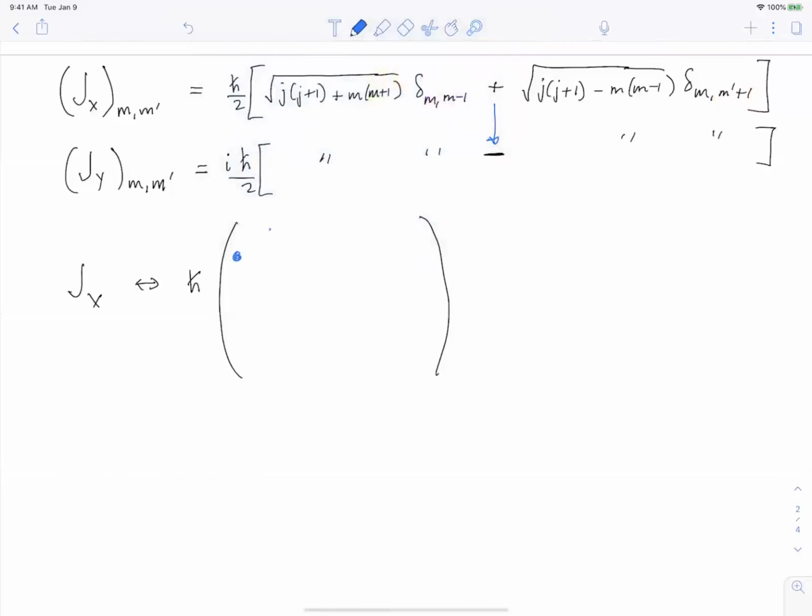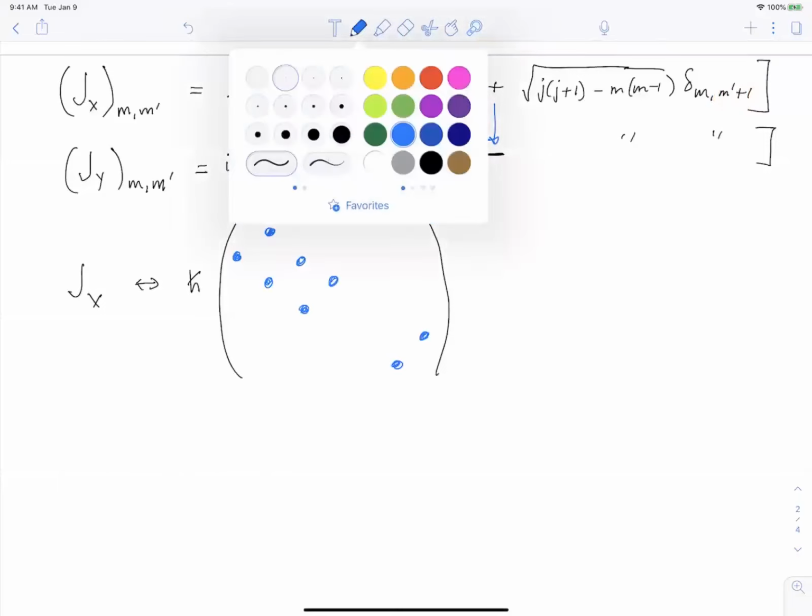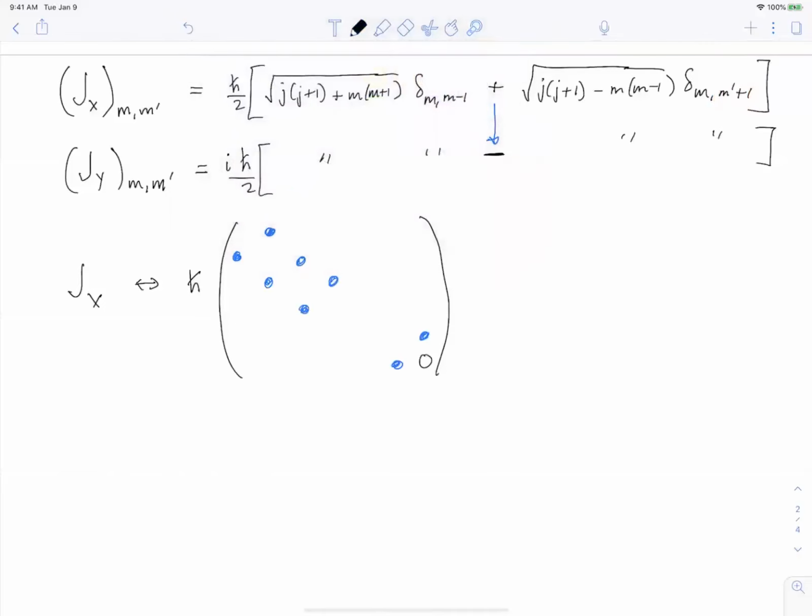So there's one, there's one, there's one, all the way down to here. Okay, and there are zeros actually on the diagonal. Okay, and then everywhere more than one unit off the diagonal is also zeros. So that's what j sub x looks like.